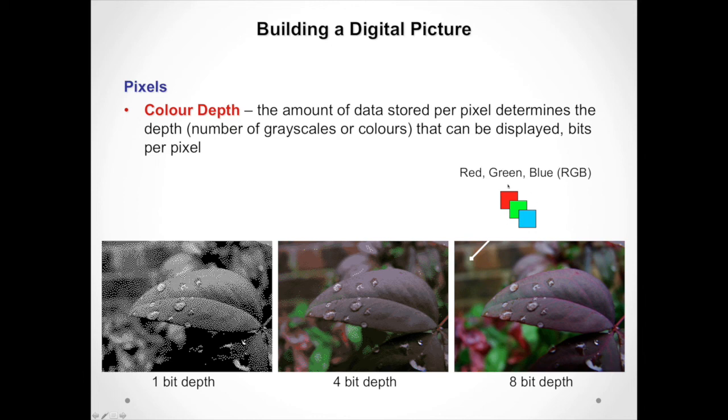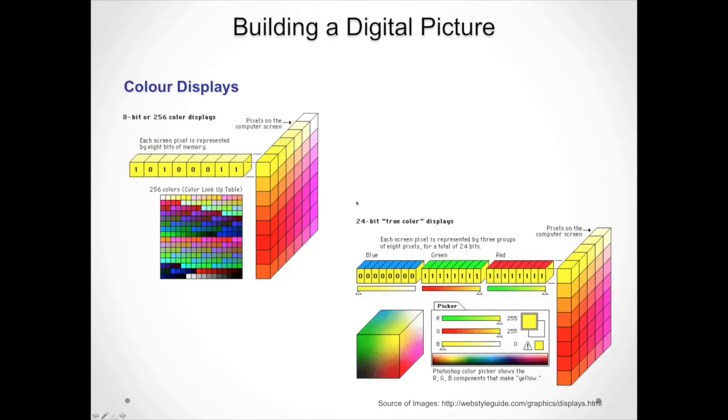Then red, green, blue, and a combination of those becomes a different color. Now, if we look at an 8-bit pixel with 256 colors, frequently if you are a web developer or designer or use Photoshop, you can see the web colors, 256 colors, and these are all the colors that we can represent on screen.